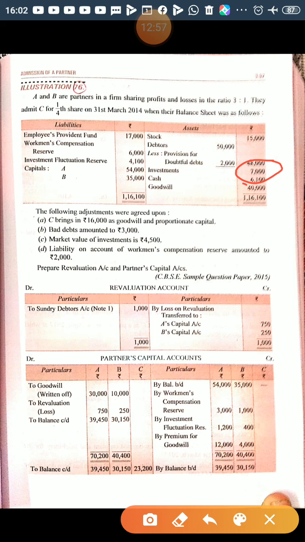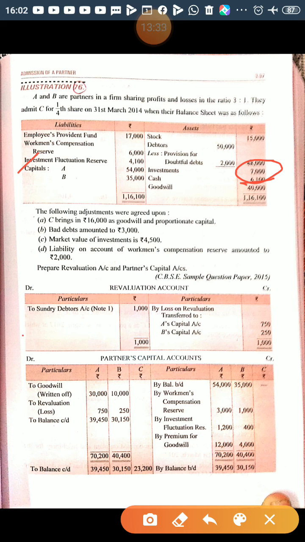So in the market the investment value is 4,500, but in the books it is 7,000. So the difference is the fall in the price of the investment in the market. This fall in the price of the investment will be set off against the investment fluctuation reserve.